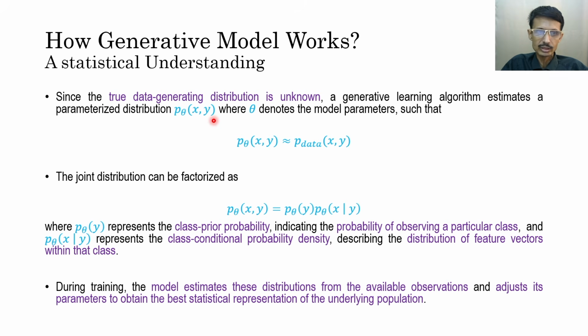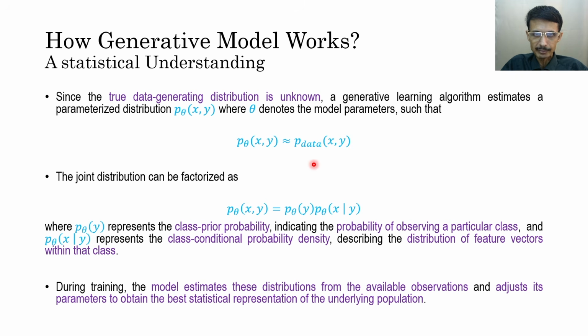This joint distribution we are trying to estimate or approximate. When estimating, we use a parameterized distribution p theta (x, y), where theta denotes the model parameters, such that p theta (x, y) is very close to the true p(x, y).